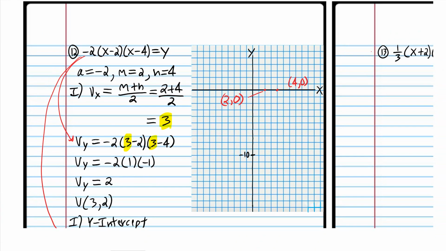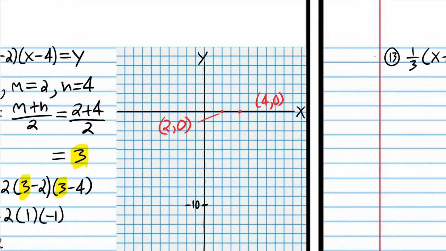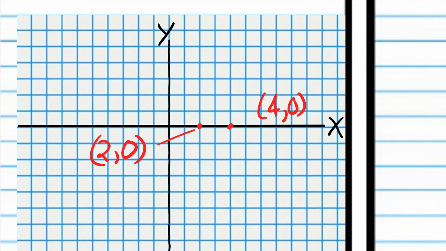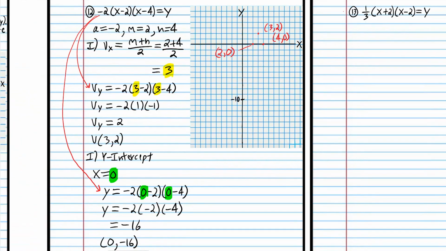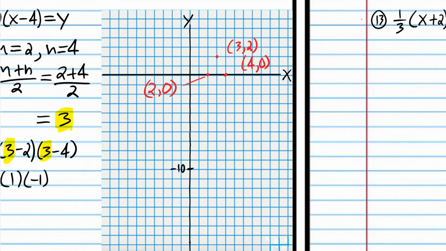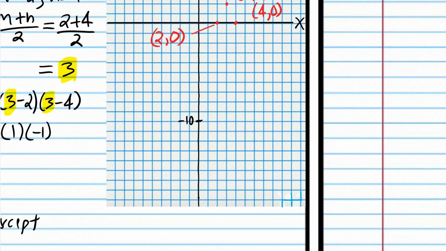And the vertex is going to be 3, 2. And the y-intercept we found is 0, -16. So that's about here.